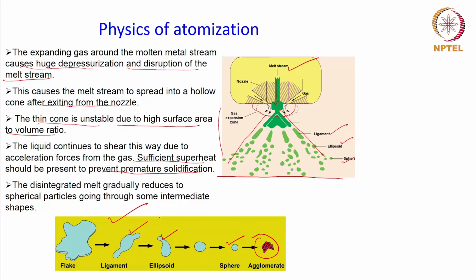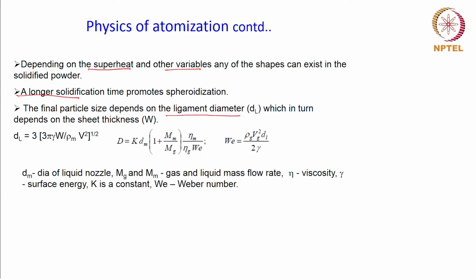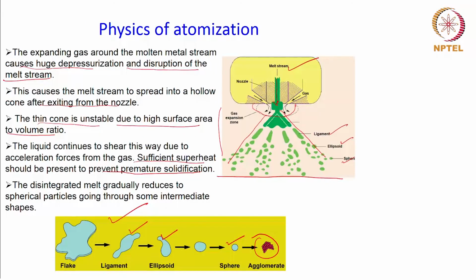And therefore, the particle diameter would also depend on the ligament size or the ligament diameter, and this ligament size in turn depends on the sheet thickness, right, because what happens, as I said, first it is developed into a thin cone or a thin sheet of liquid like this in the shape of a thin layer or a flake, and from there it is converted to the ligament, right.